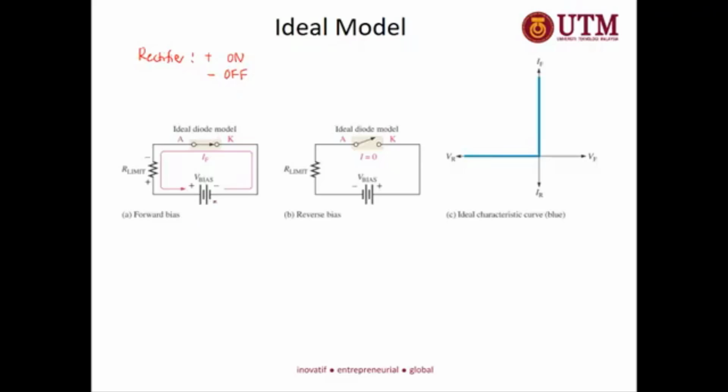This explanation is shown in the circuit. So in forward bias, since the diode is on, the diode can be replaced by a short circuit.